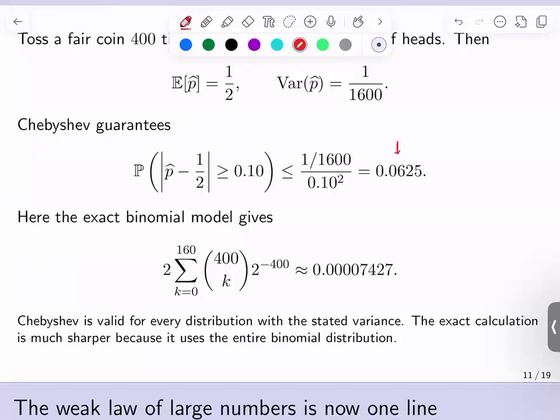Okay, so the actual value would be this. So why is this the actual value? p hat is really Sn divided by n, and Sn is binomial with n and p, right?